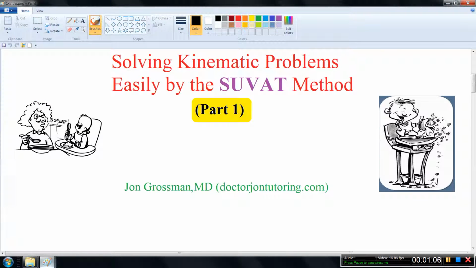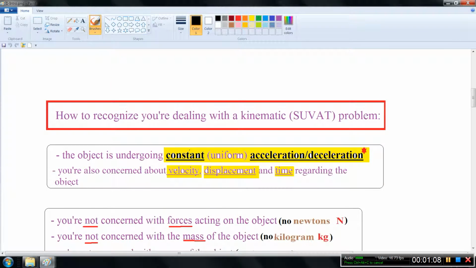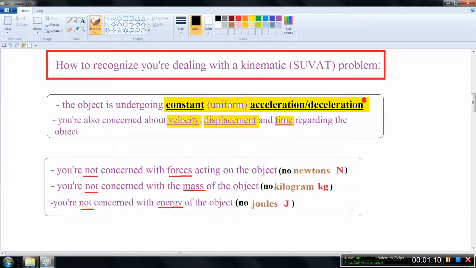Alright. Let's just remind ourselves that when you discern whether you've got a kinematic problem where you can use the SUVAT method, you're looking for constant acceleration or constant deceleration, and then you need at least 3 out of the 5 SUVAT variables: velocity, displacement, time, initial or final velocity.